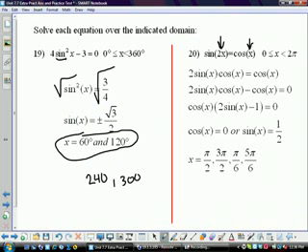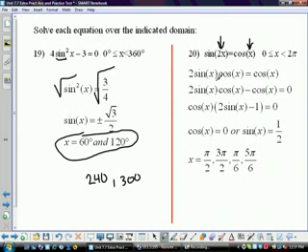Okay, I see a 2x, I see an x. What do I need to use? What did I tell you guys to look up at the board for? Identity to get what? Why am I doing this? What am I trying to do? You have to use the double angle identity, right, so that you can get your angles to be the same.